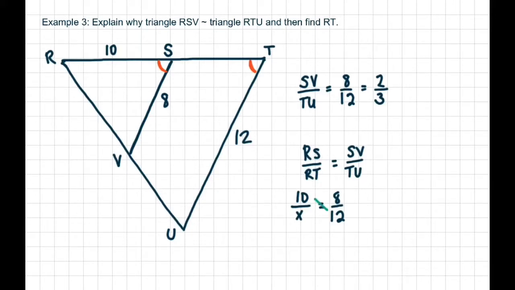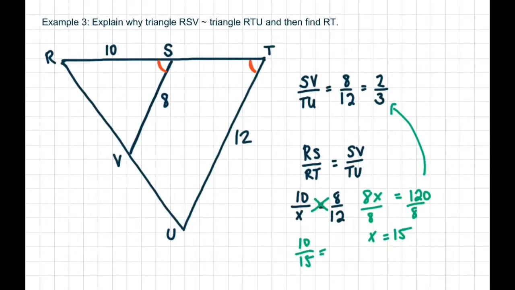So I have 10 times 12, which is 120, and 8 times X, which is 8X. When I divide on both sides by 8, X equals 15. If I want to check my answer and make sure it's the same ratio, I can do 10 over 15, and that will reduce down to 2/3. So I know that this is right. So if that's the case, this whole thing right here is going to be 15.